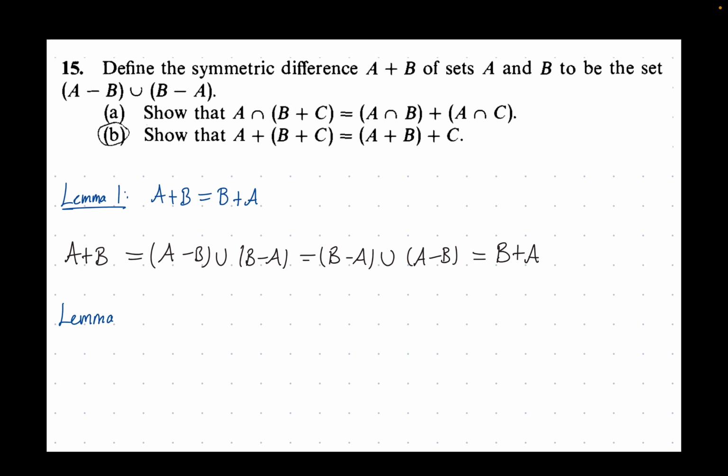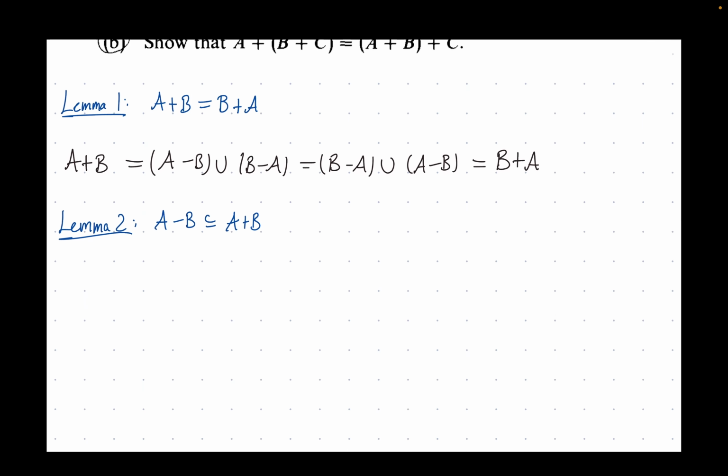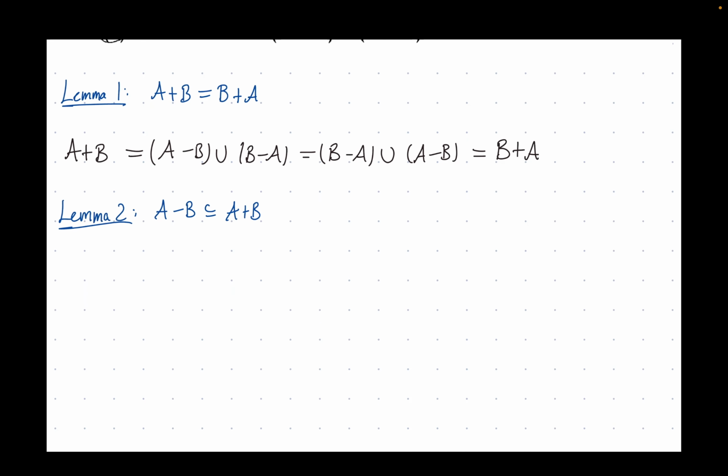And the second lemma that I wanted to establish is that A minus B is a subset of A plus B. And this is very obvious if you look at the definition closely, but I did want to make it extra clear.